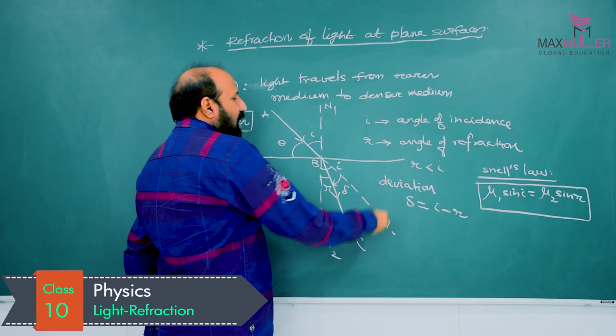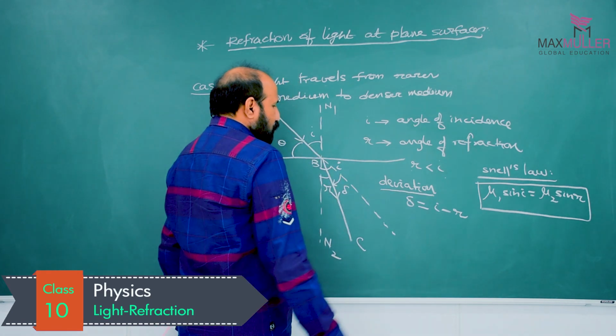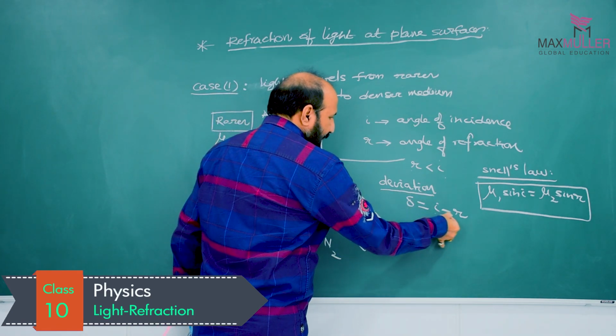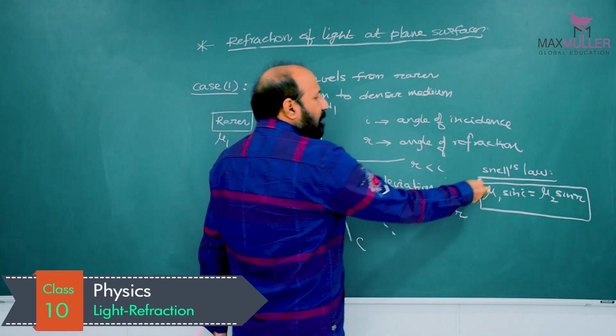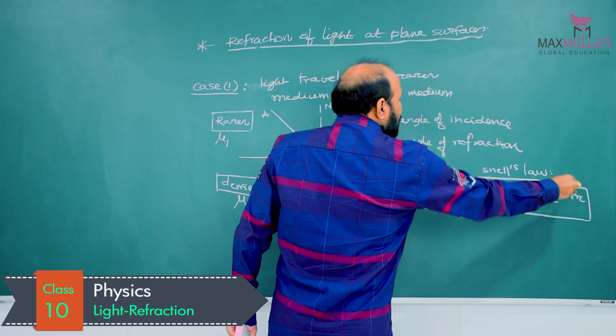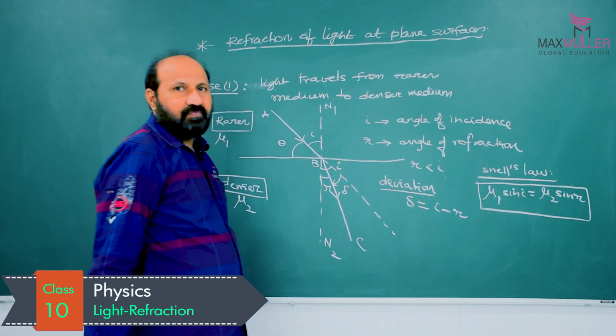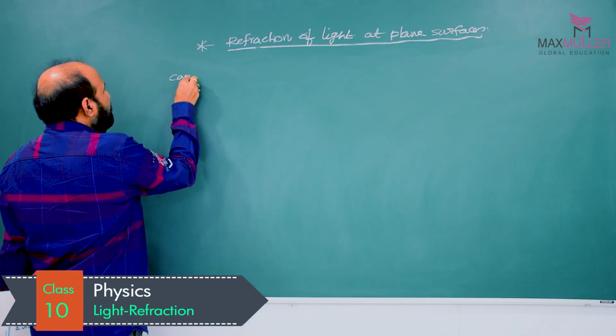You will get R is less than I, and the deviation produced in the ray is delta is equal to I minus R. And according to Snell's law, we will get mu1 sin I is equal to mu2 sin R. Very important rule. Case 2.